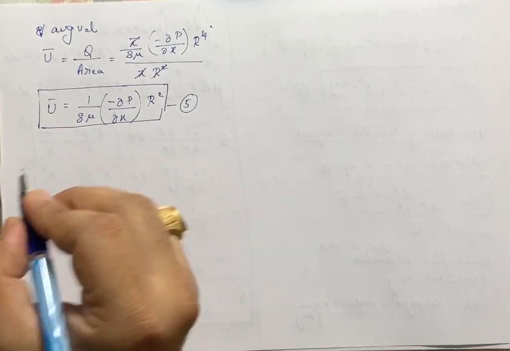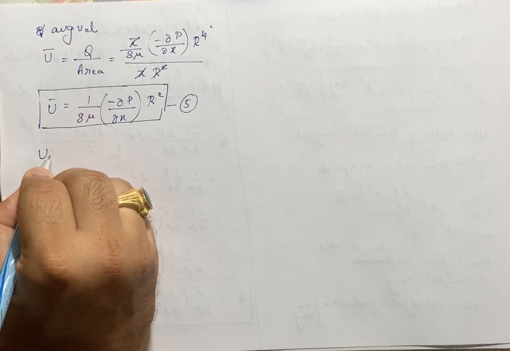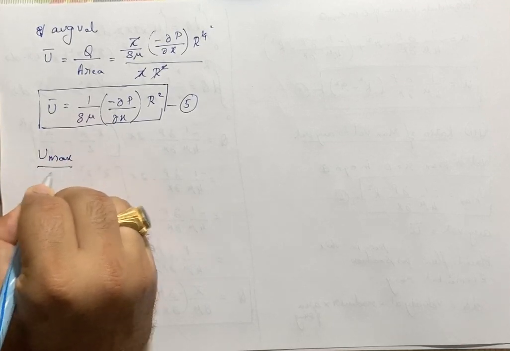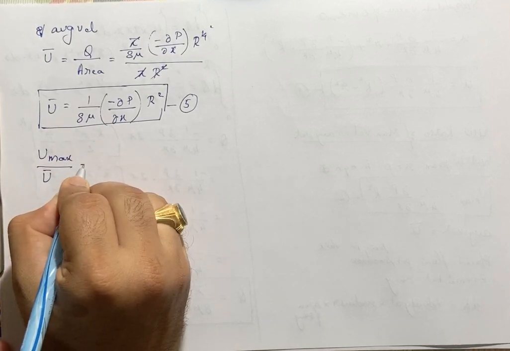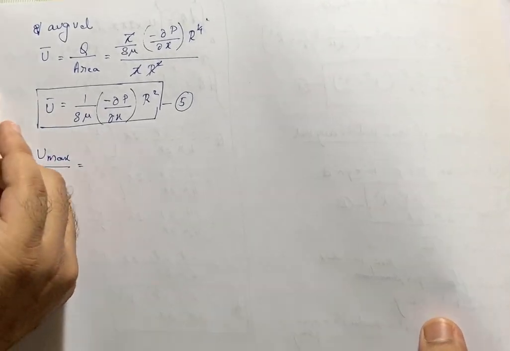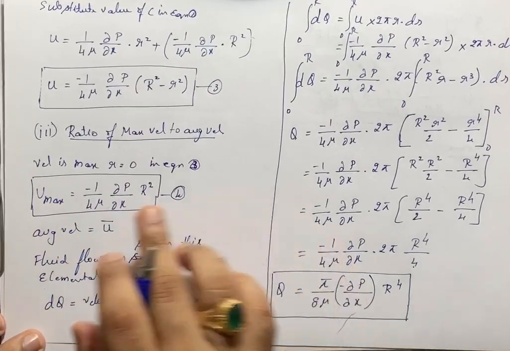Now to find out the ratio of the maximum velocity u max divided by u bar, the ratio of maximum velocity to average velocity here, right. What is the maximum velocity?